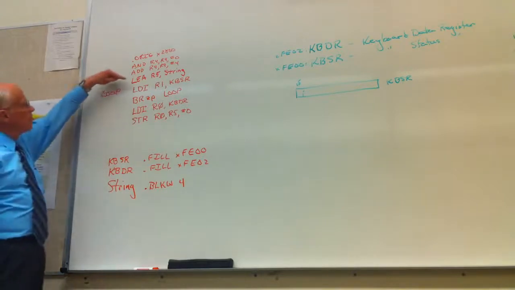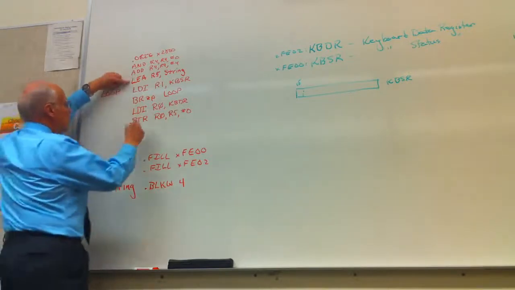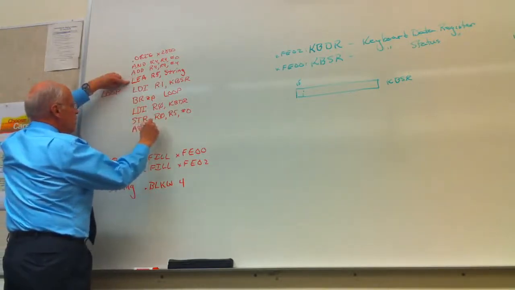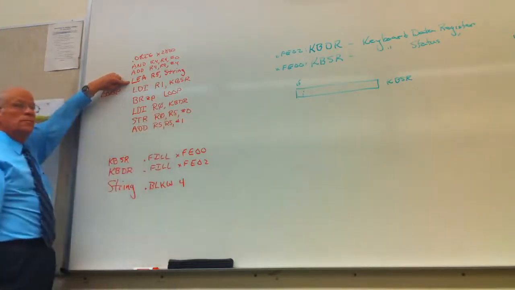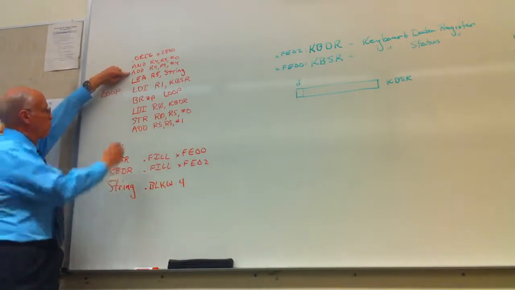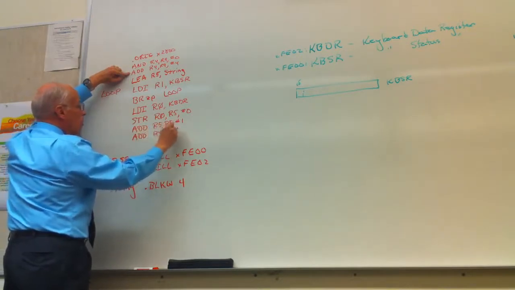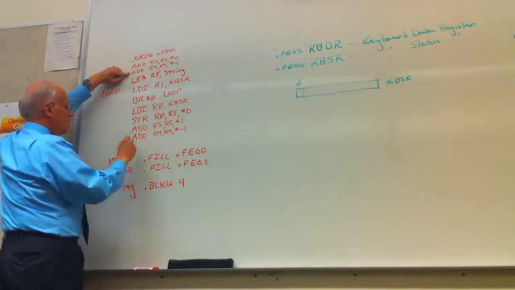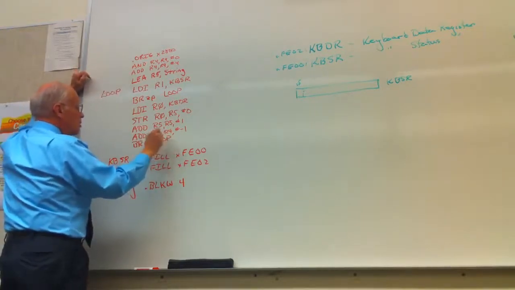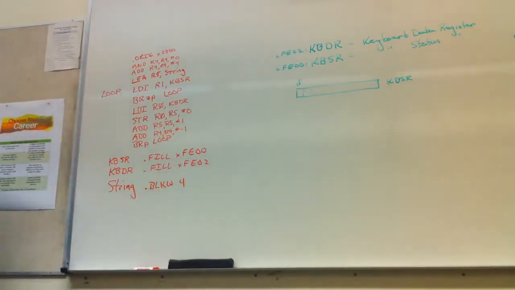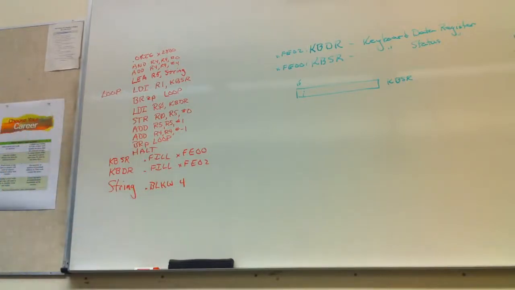Now I want to set it so that the next character I read goes into the next memory location, so I will increment register 5, register 5, 1. And I want to decrement my loop counter, register 4, -1, and we'll branch it plus 2 loop. And for our purposes here, we will halt.